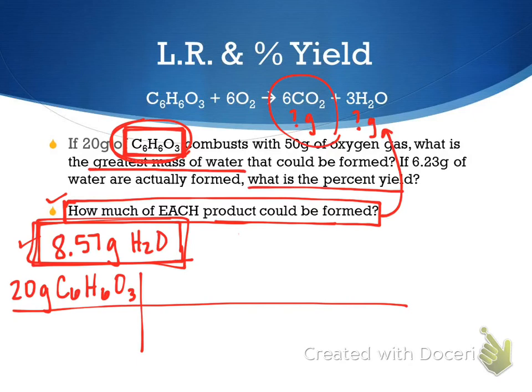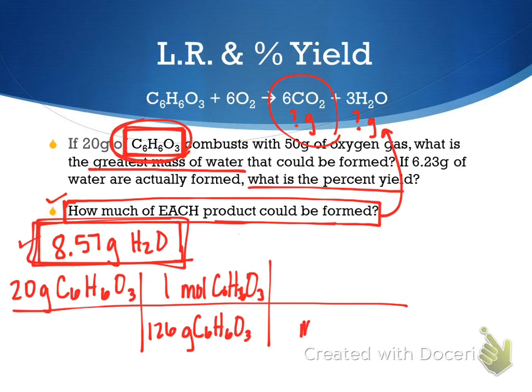So we're going to go from grams of our hydrocarbon, C6H6O3, to moles of our hydrocarbon. We already know the molar mass of that is 126. Now here's our mole ratio step. We're going this time to moles of CO2 because that's the other product.